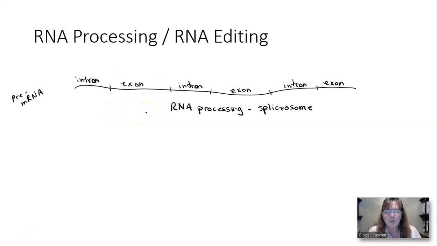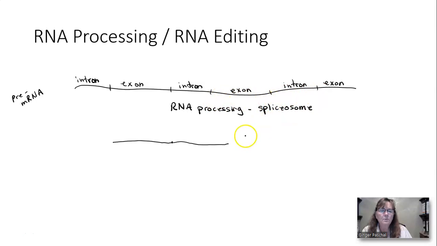You won't be able to tell where these locations are, but the molecules in the cell can. So RNA processing uses spliceosomes. So what happens is we take this exon and we keep that exon, and then we splice to that the next exon, and then we splice to that the third exon.